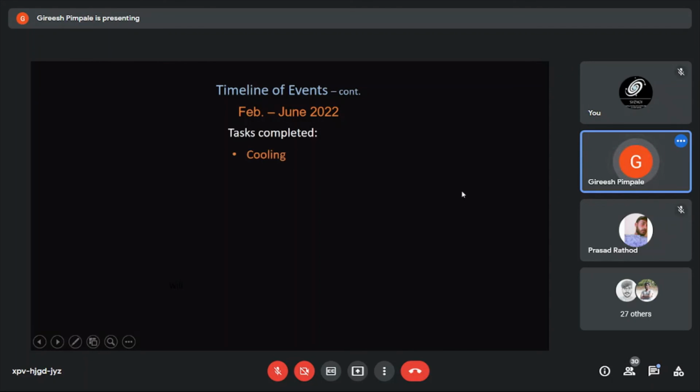Which tasks were completed? Cooling. Cooling was a very important task, as I already explained to you. So that was completed. Then mirror alignment, focusing, final testing, and calibration. All these important jobs were completed by this telescope as per the schedule.